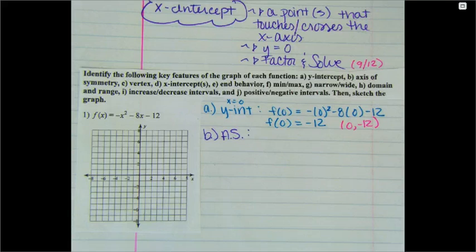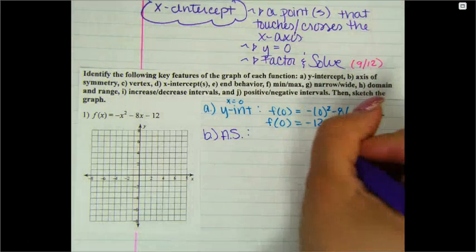You're sitting next to someone, check with them and see if you have the same axis of symmetry. All you have to do is axis of symmetry. If you kept going to vertex, that's fine, but you should have axis of symmetry done. Check with the person next to you. Do we get it?